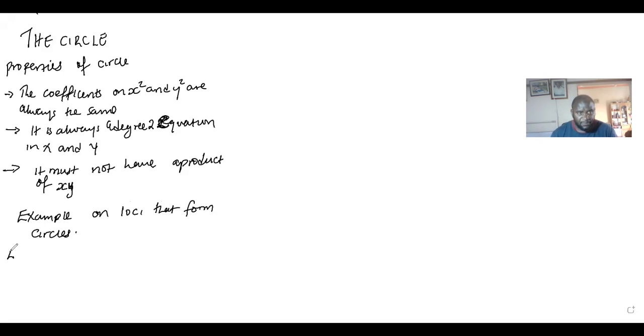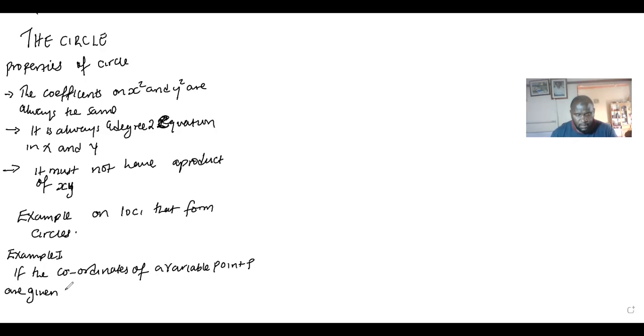They can ask you, for example, if you have example 1, if you remember locus, they can say if the coordinates of a variable point P are given parametrically as x is equal to 3t plus 1 and y is equal to t squared, find the locus of P.